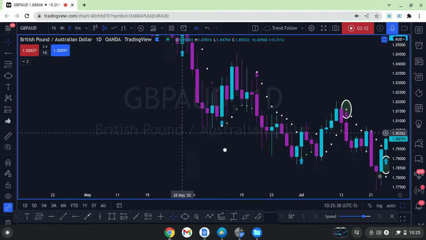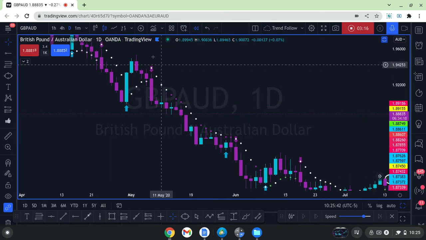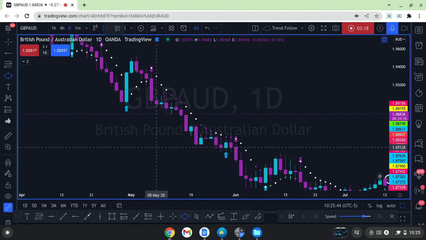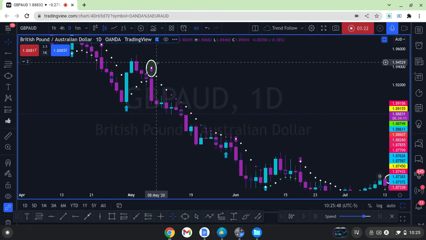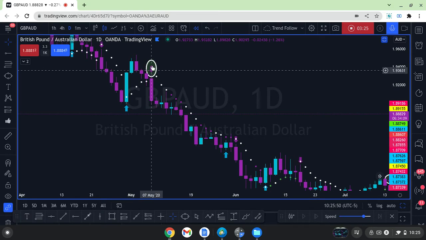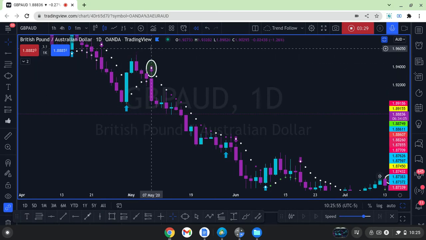So let me pull this in. Let me see if I can find something, yeah. As you see, selling, right? And if you notice, you got that signal to exit the buy, exit the long position, so we look at it as a sell signal.